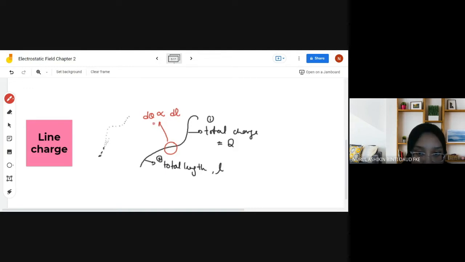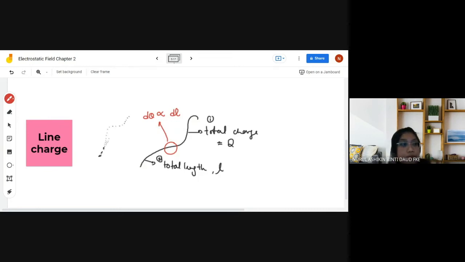So the longer the length, the more charge the sample will carry. The longer the length of this line charge, there will be more Q charge the sample carries. Do you agree with me?